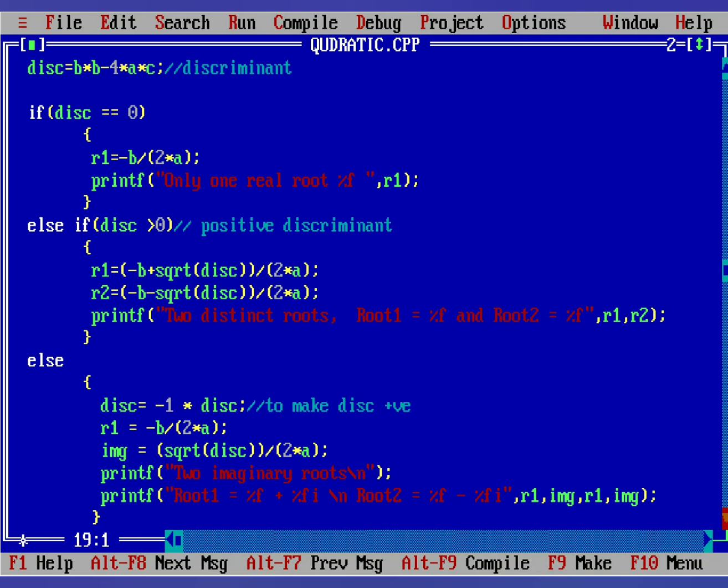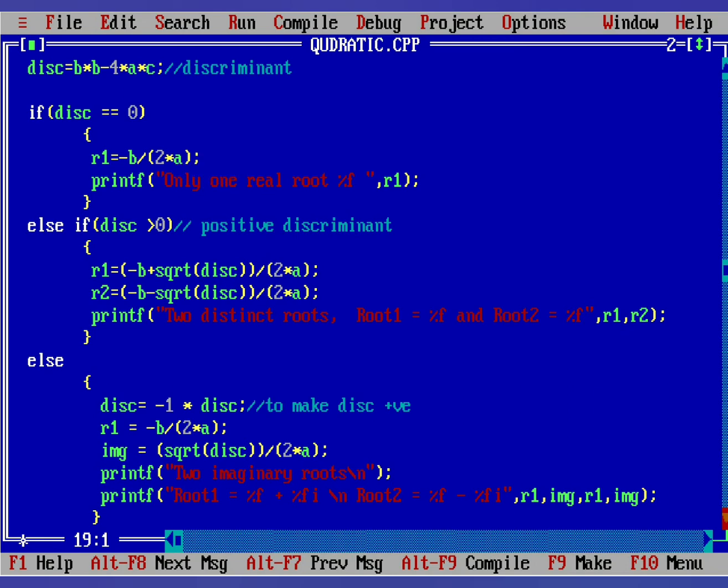Then it evaluates R1 and that value is printed. If the condition is false, then it checks the next else if condition, that is disc greater than 0. If the disc is greater than 0, then R1 and R2 are evaluated, and that is printed in the following statement. If both the conditions are wrong, then definitely it enters the last else block.